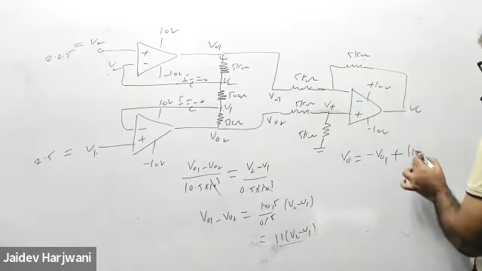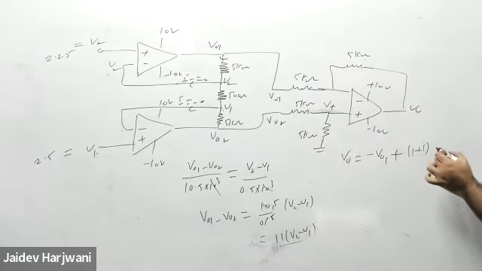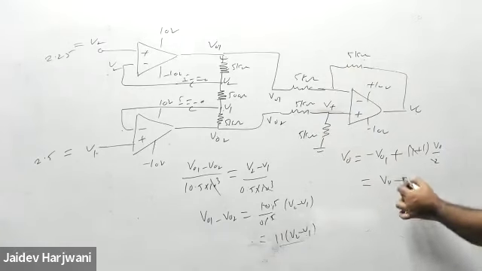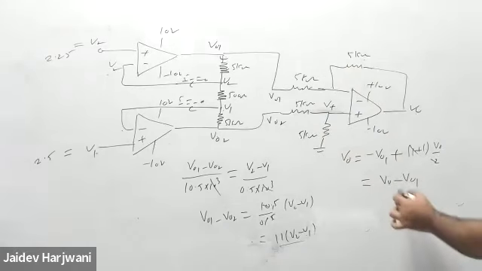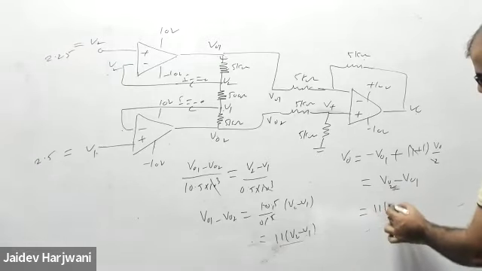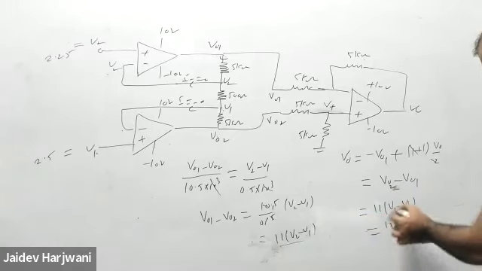V plus is your V0 by 2, 2 cancel. So this is also V0 equals V02 minus V01, which is equal to 11 times (V2 minus V1). What is the value V2 minus V1?